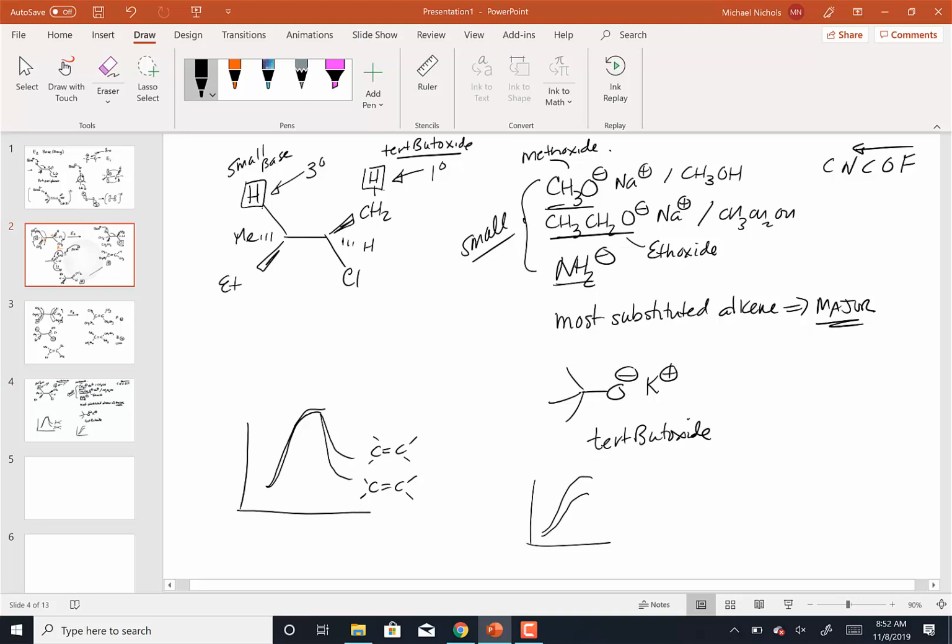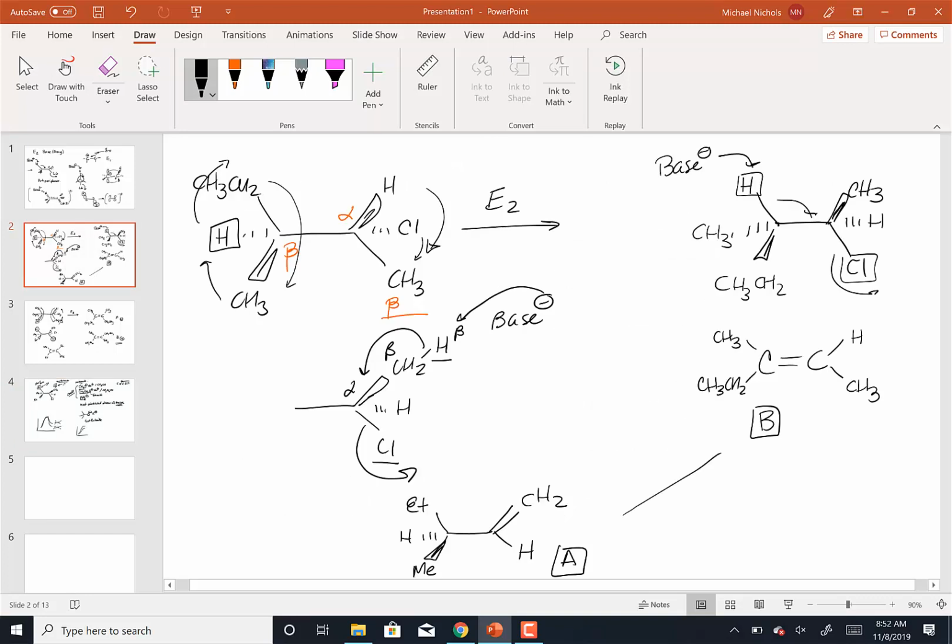So the last thing, if I go back to this slide, notice that A would have been the product if I used tertiary butoxide as my base, and B, the most substituted product, would have been my product if I used NH2 minus, or I guess the book really likes ethoxide.